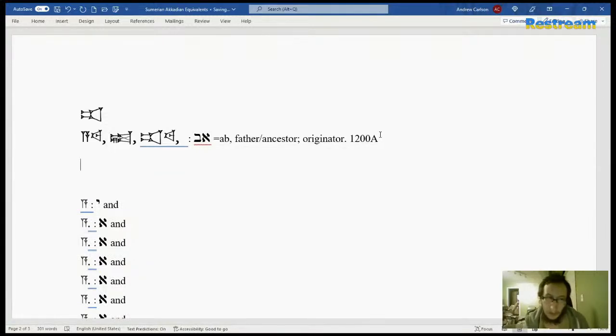So let's say you want to say, how is your father doing? We would write, how is your ab doing? But when we're reading this, we're not reading it as how is your ab doing. We read it as how is your father doing. So we're pronouncing ab as father. So we ignore the fact that it's written as ab, and we're saying father because we know that ab is equal to father. So we're simply saying, how is your father doing, even though we're writing ab.